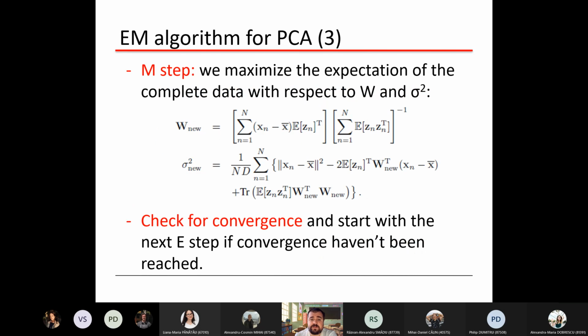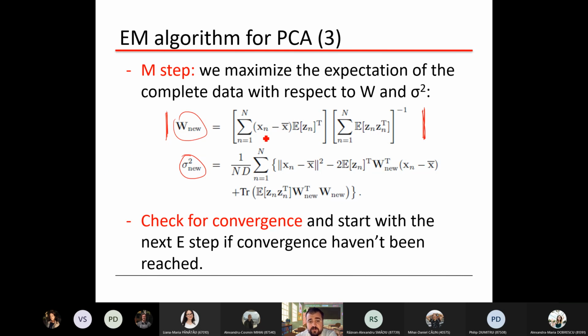Okay, in the M step, we maximize the expectation of the complete data with respect to W and sigma square. So we get W new and sigma square new. I would ask you to take a look at W new, because we will come back to this formula.